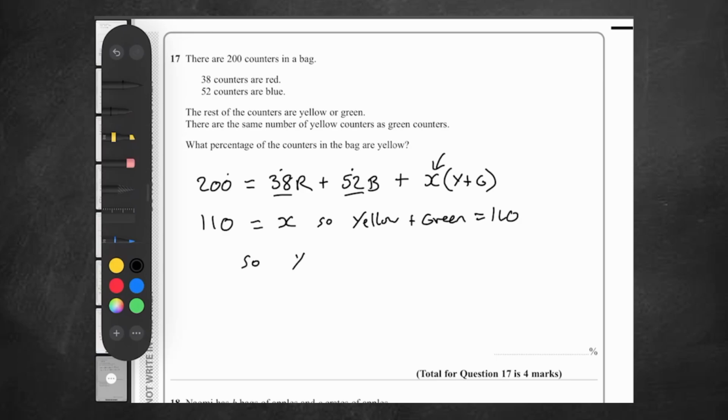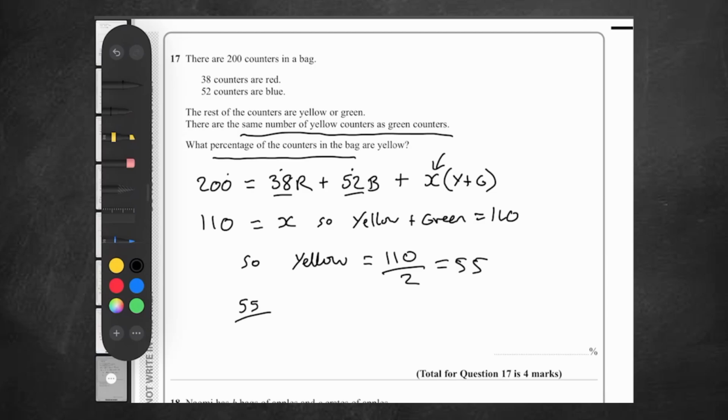So yellow, as we know the same number of yellow counters as green counters, equals 110 divided by 2, which is 55, but we want the answer in percentages. So what is 55 out of 200 as a percentage? Well, if we divide top and bottom by 2, so that we have a 100 on the bottom, we're actually left with 27.5 over 100, so our answer is 27.5% for 4 marks.